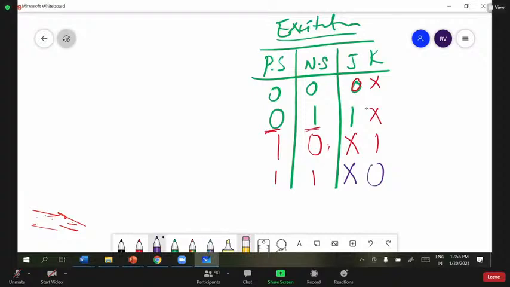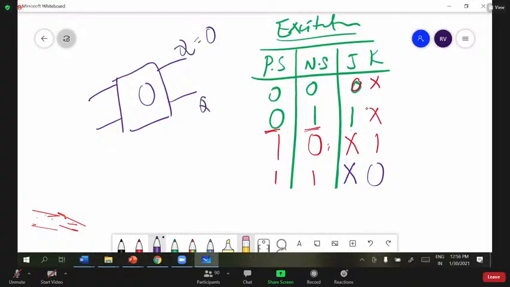Suppose this is a flip-flop. Previously it stored the 0 bit, so Q naught is equal to Q is equal to 0 and Q bar is equal to 1. To explain the flip-flop operation, you always have to assume the previous condition, right?